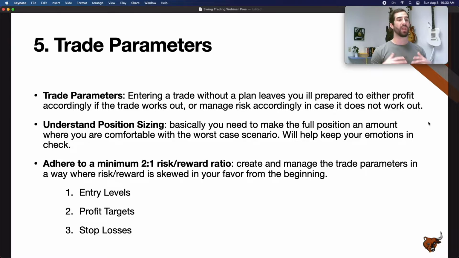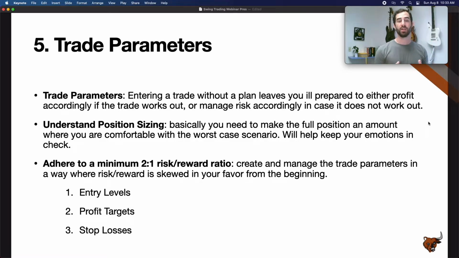Hand in hand with that comes understanding your position sizing. We want to be comfortable when we execute the trade. We want to be comfortable with our worst case scenario, and be aware of it before we enter.